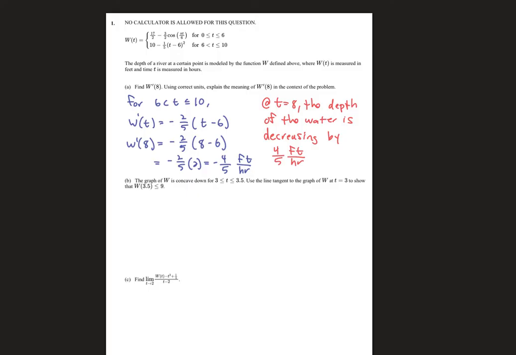So we'll find L of T, the linearization for W at T equals 3, and then use that to approximate, and basically just plug in 3.5. And then after we do that, I'll explain the concept. But let's do that first.